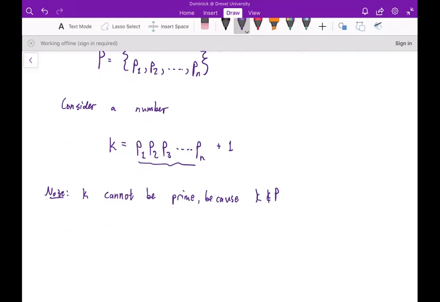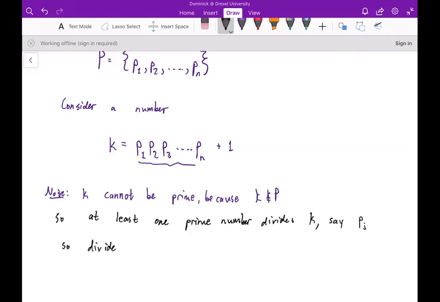Now what we're going to do is that since K cannot be prime, at least one prime number divides it, and we'll say that it's P sub j, right? Any one of those arbitrary things will divide it. So we're going to divide by P sub j, right?